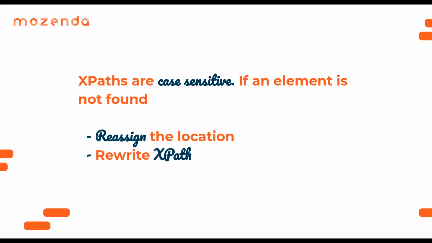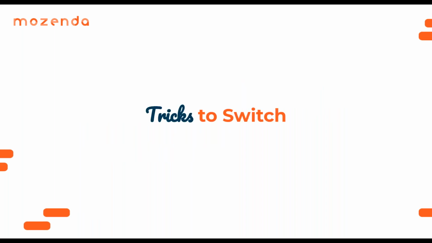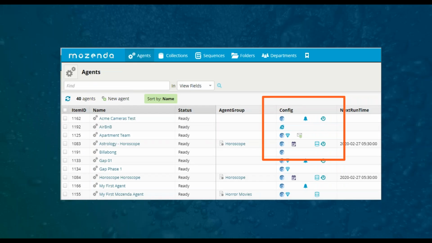One way that we can see which agents are using Internet Explorer as their configuration versus Chromium is in your browser. If you log into your web console, there's this configuration box, which will tell you not only if you have notifications on, or if it's going to run on a schedule, but also which engine it's using to run this agent.